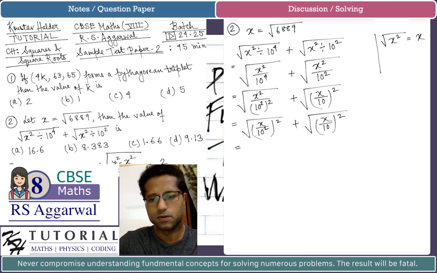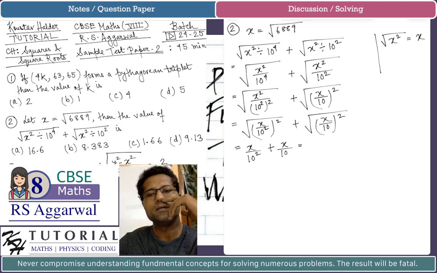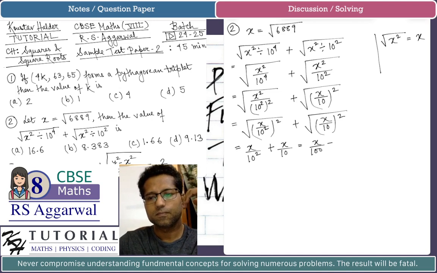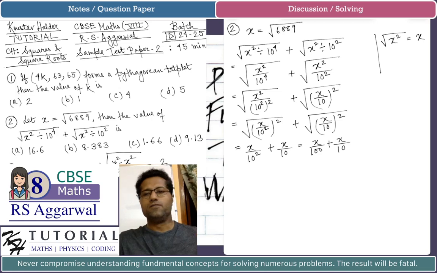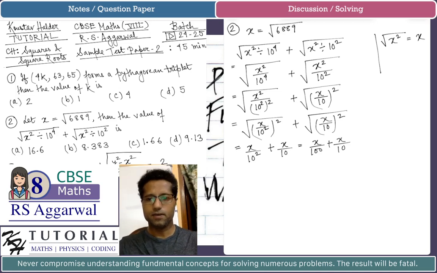So this is equal to x by 10 square plus x by 10, which is equal to x by 100 plus x by 10.